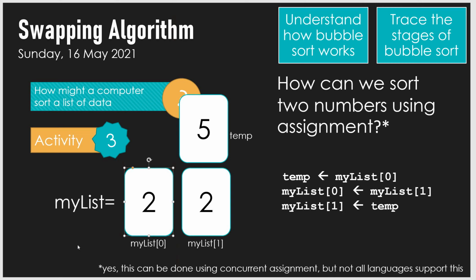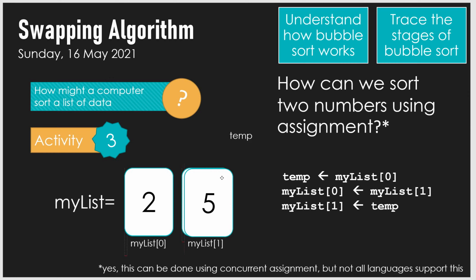Now you might be thinking, sir, we've just overwritten the data that was there, but don't be scared, because this is why we have the temporary variable. So now in my list index 1, we're going to assign whatever we copied over to the temporary variable. We're going to bring that 5 down, and we haven't lost any data. We still have the same two original values and they have swapped position.